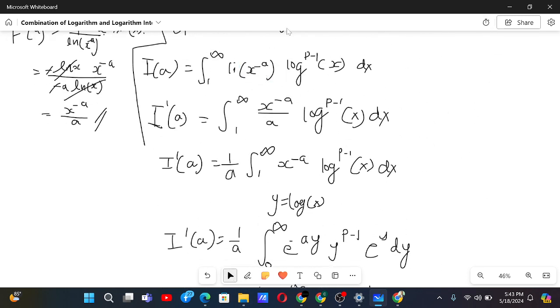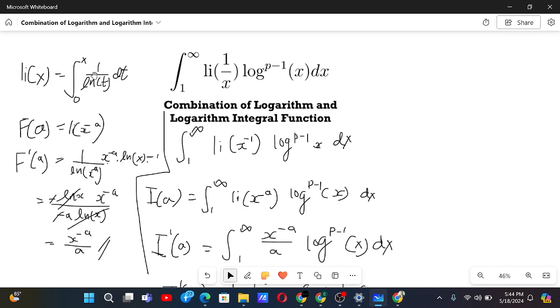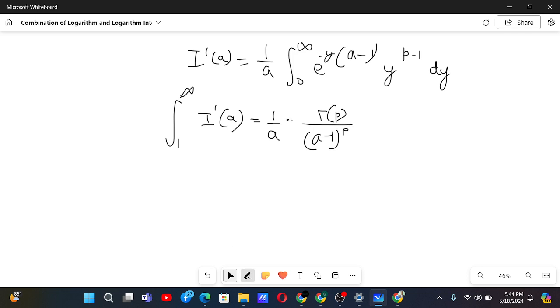If x goes to infinity, we will have Li of infinity, so Li of 0, yes. So if I integrate this from 1 to infinity, this is I of infinity minus I of 1. I of infinity is just 0, so we are just left with minus I of 1, which is the required answer of ours.